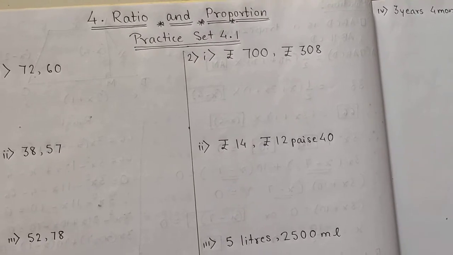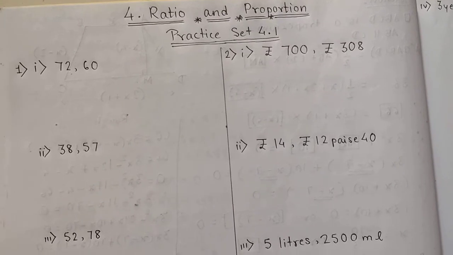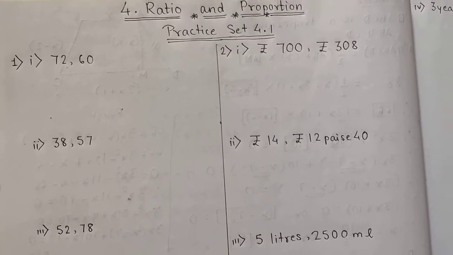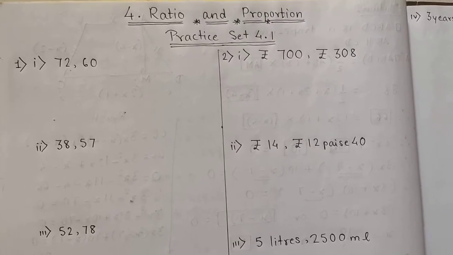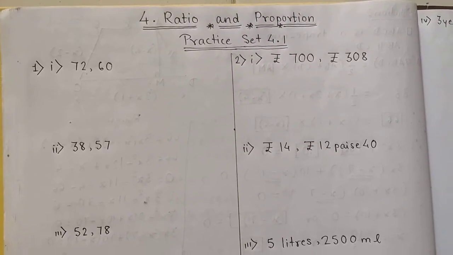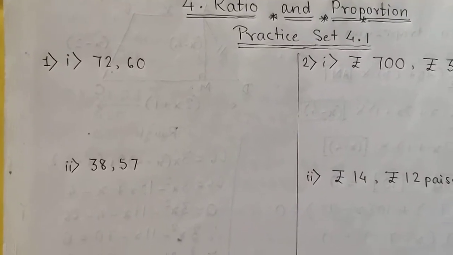Okay, now let us start our first exercise, that is practice set 4.1. Already I have written the questions of question number 1 and question number 2. Let us solve this. Let us see question number 1.